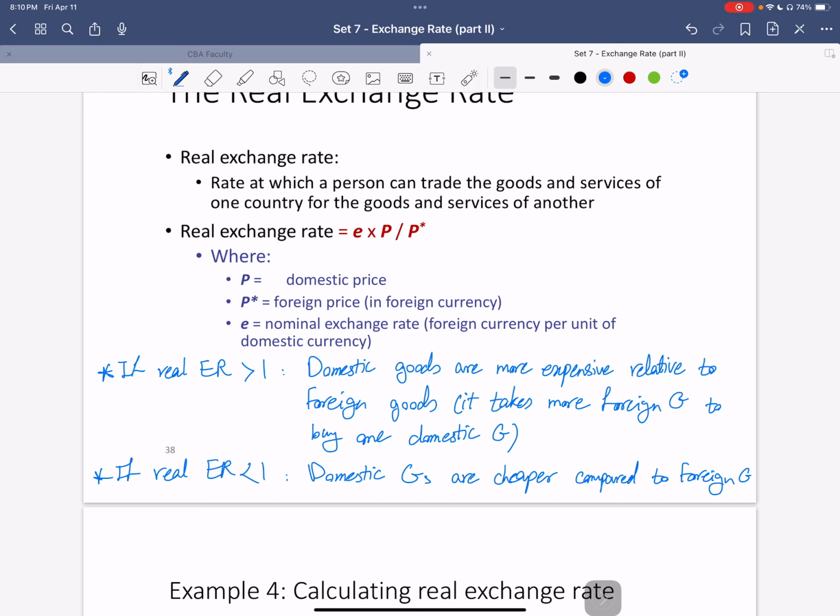Domestic goods are relatively more competitive. More competitive in international market. Okay.